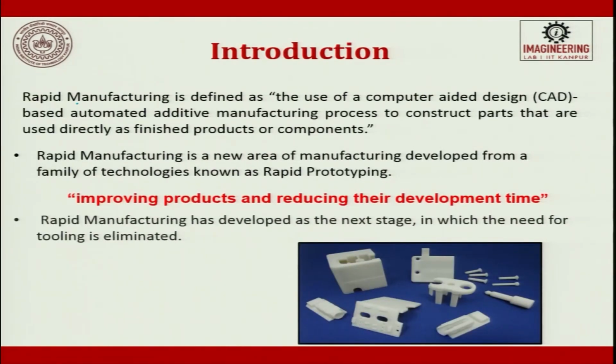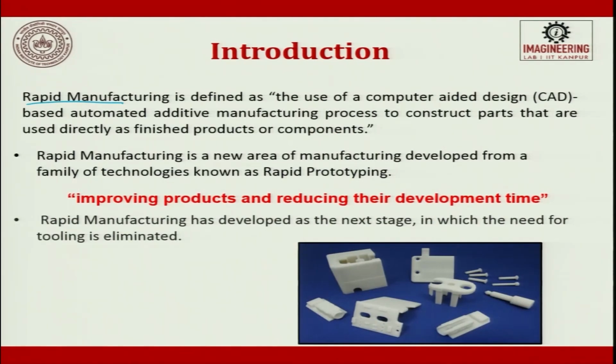So, to define rapid manufacturing, we are using this definition: the use of CAD based automated additive manufacturing process to construct parts that are used directly as finished products or components is nothing but rapid manufacturing.